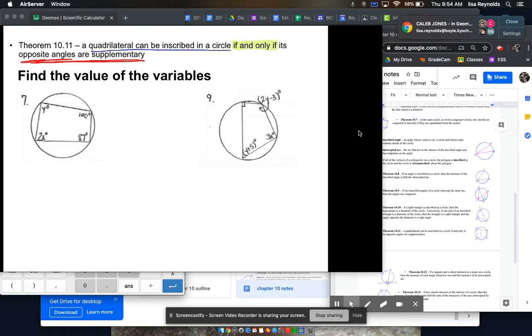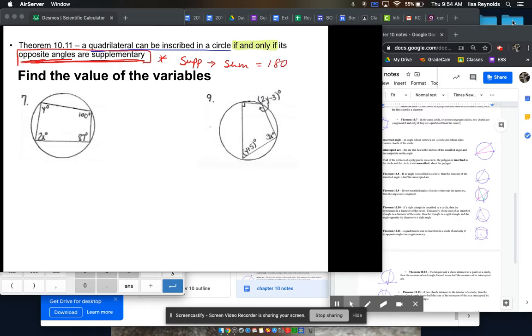So in this one, we already have the inscribed. So for this particular set of problems, we're going to be using the fact that the opposite angles are supplementary. Remember from chapter 1 that supplementary means that we are going to be getting a sum equal to 180.